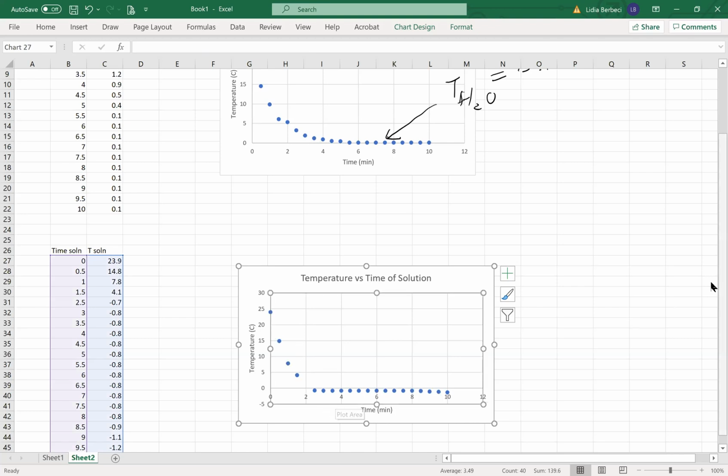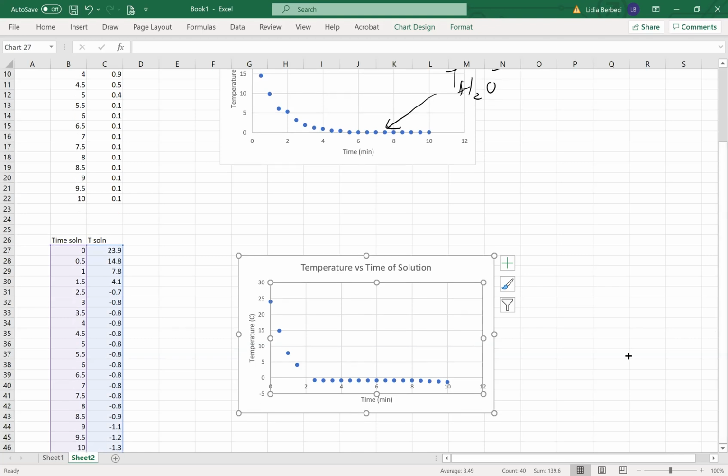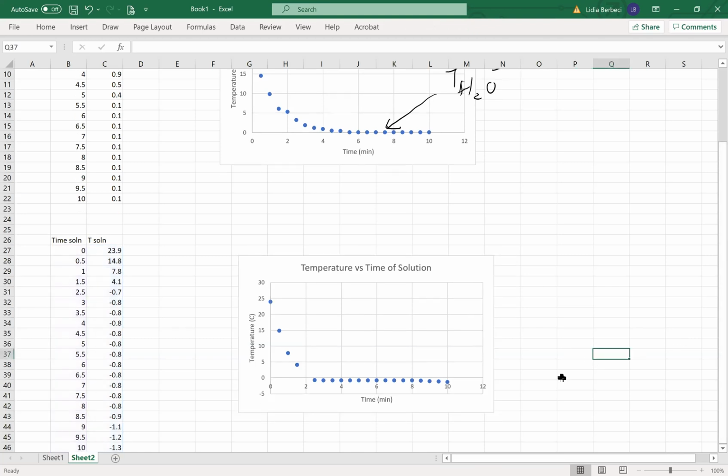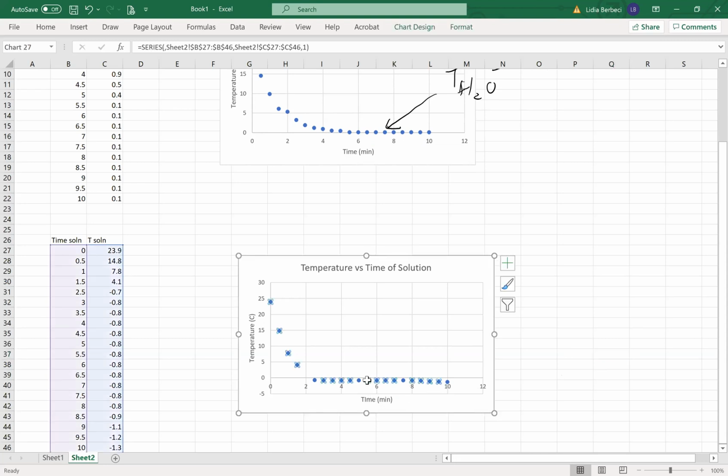So from the data as well as the graph, you can visualize the freezing point, which, if you look at the graph exactly, is below 0. If I click on any of the points, it would indicate what that is, but you can notice that it's constant here.